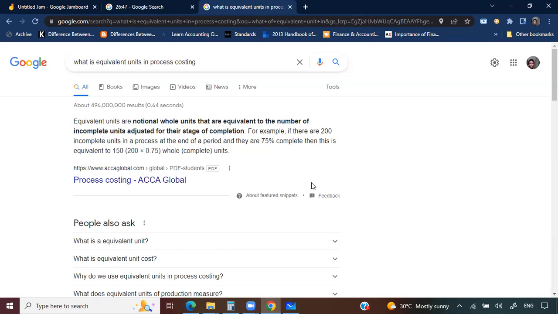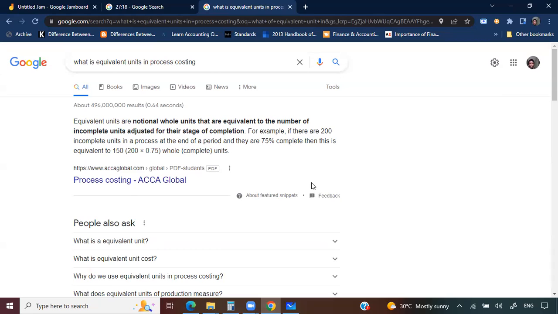Sometimes we have what we call contract costing. In a contract, if the project is about 80% complete, the project has become quite large. Let's say, for example, that you are constructing a road, but the street light has not yet been fixed. Cars can still move without the street light, so you can say it's around 80%.